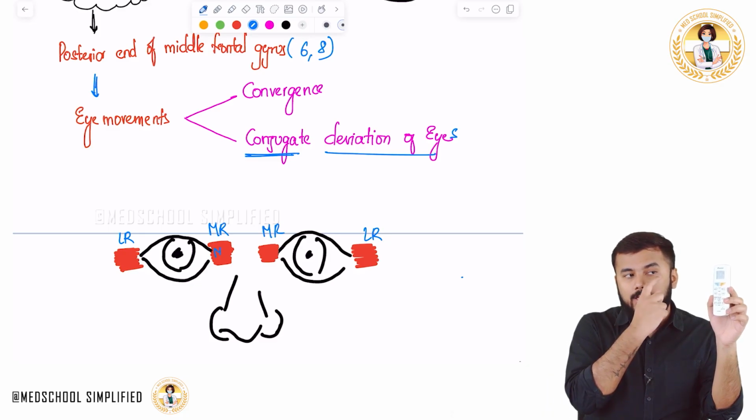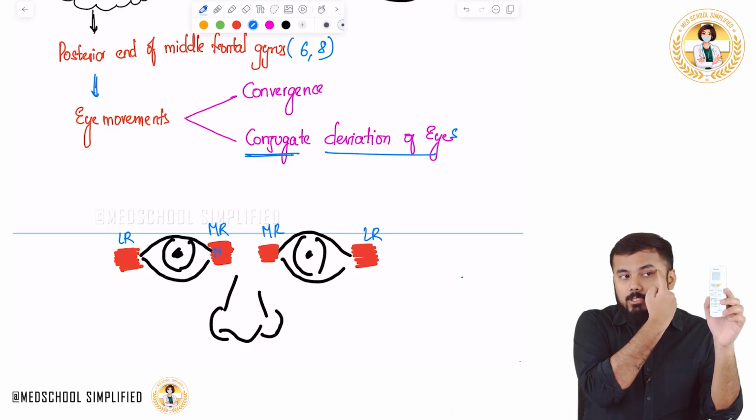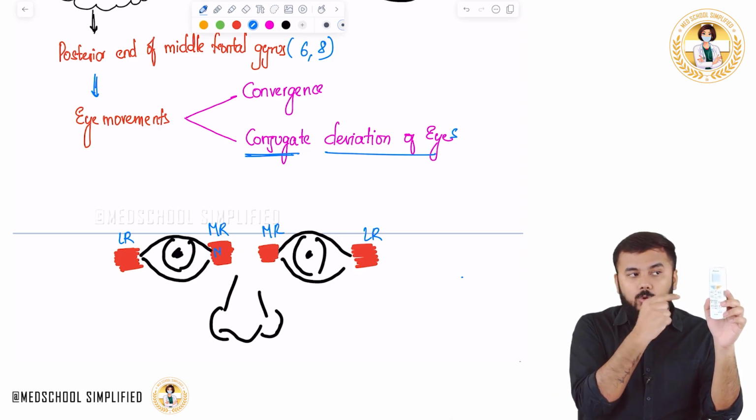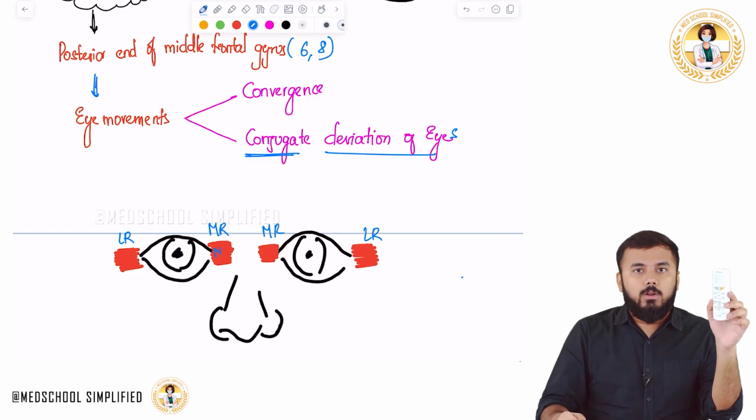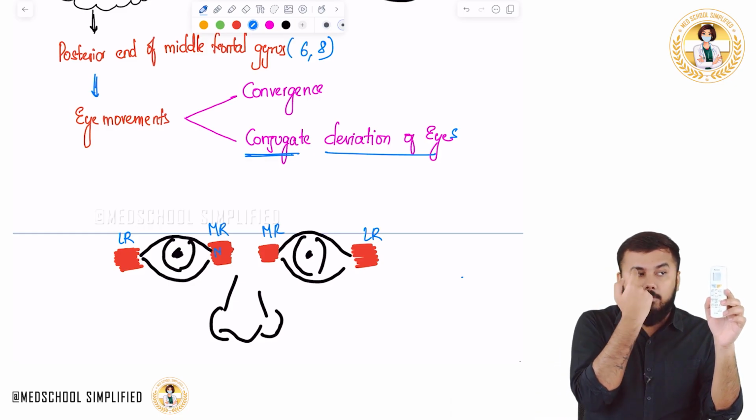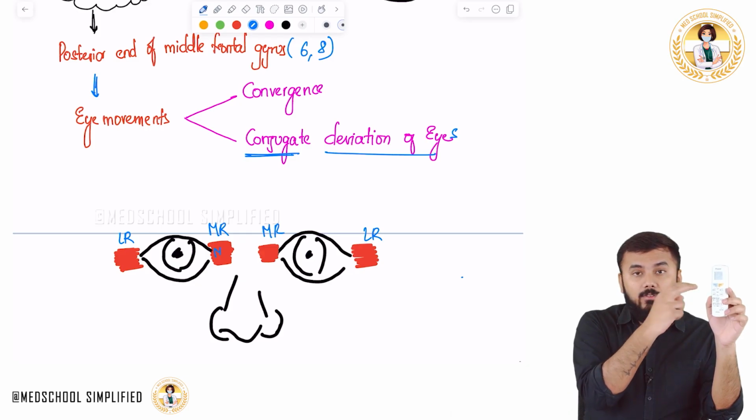If this eyeball has to look there, the muscle present here, lateral rectus, has to contract. And if this eyeball has to look there, then medial rectus has to contract. You see, the lateral rectus and medial rectus together have contracted to look conjugately, together. Both the eyeballs are deviating in conjugation to the left side.